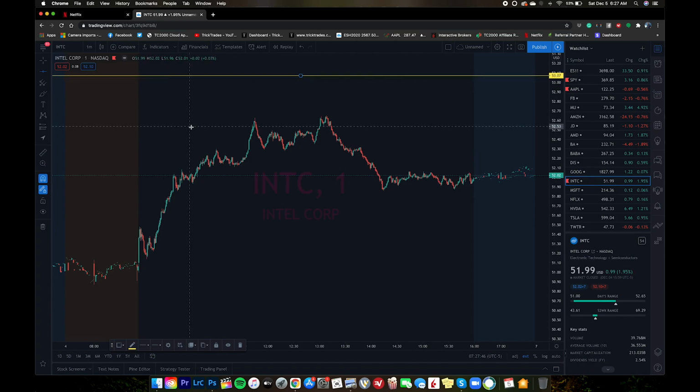Right there. You see how it did not come really anywhere close to that level? But what did the stock start doing first? It broke out and it squeezed. It went parabolic. Now remember, these aren't penny stocks, folks. Okay? When you have a secondary parabolic push on a stock like Intel, it's done. It's done.